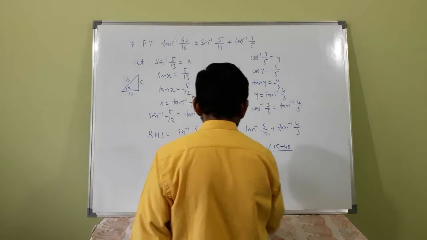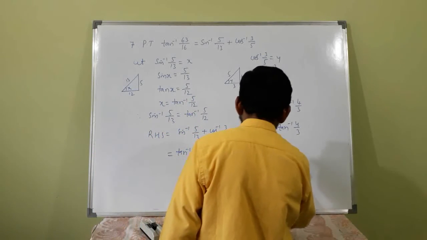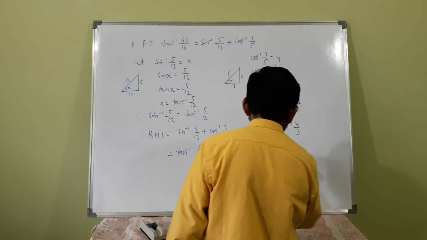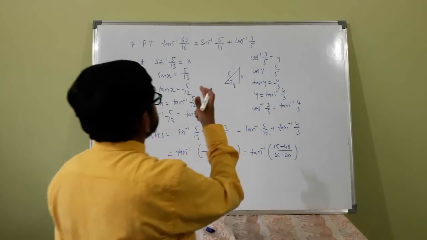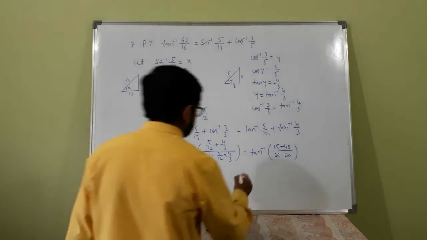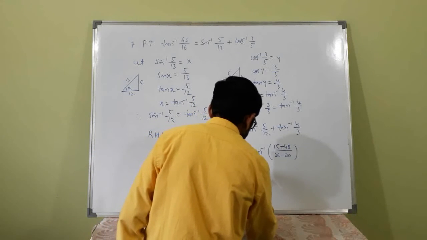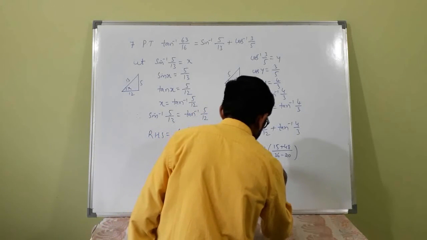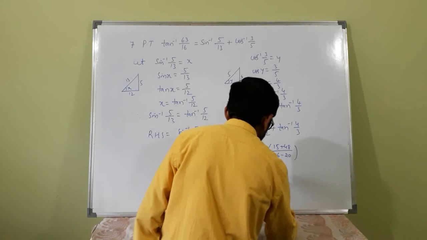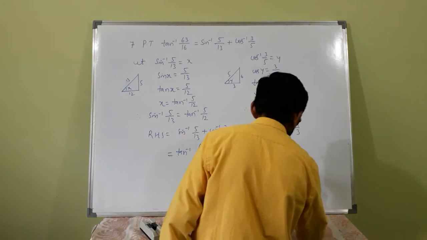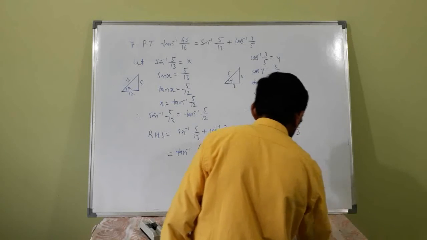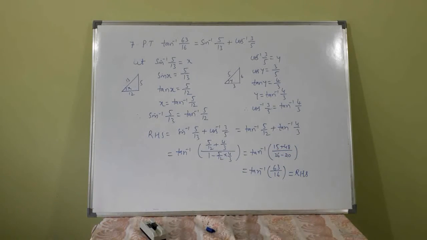So 36 minus 20, so that is 63 by 16, tan inverse of 63 by 16. That is the required RHS. Okay.